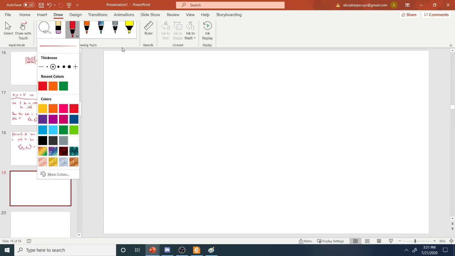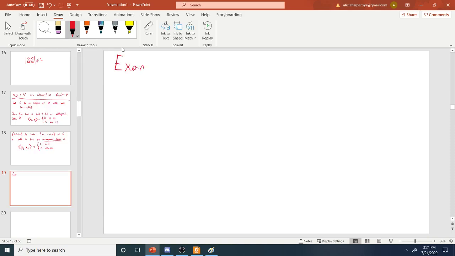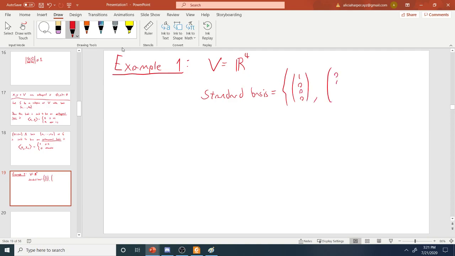So example 1 is going to be very simple. We're going to take V to be equal to R4, and we're going to look at the standard basis. Here you have the vectors 1, 0, 0, 0; 0, 1, 0, 0; 0, 0, 1, 0; 0, 0, 0, 1.